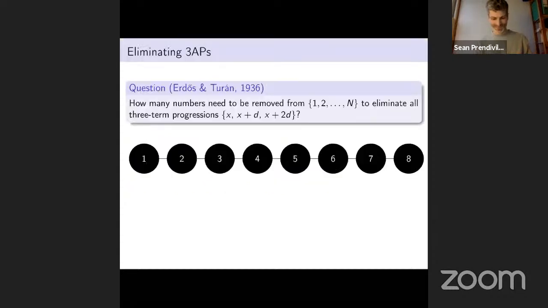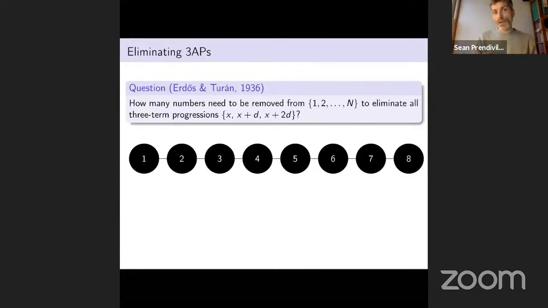Okay. So let me motivate Roth's theorem by discussing this question of Erdős and Turán from the 30s. This is perhaps asking to explain a result of van der Waerden, which says however you finitely partition the positive integers, at least one part of that partition contains infinitely many three-term progressions, and four-term progressions, and five-term progressions.